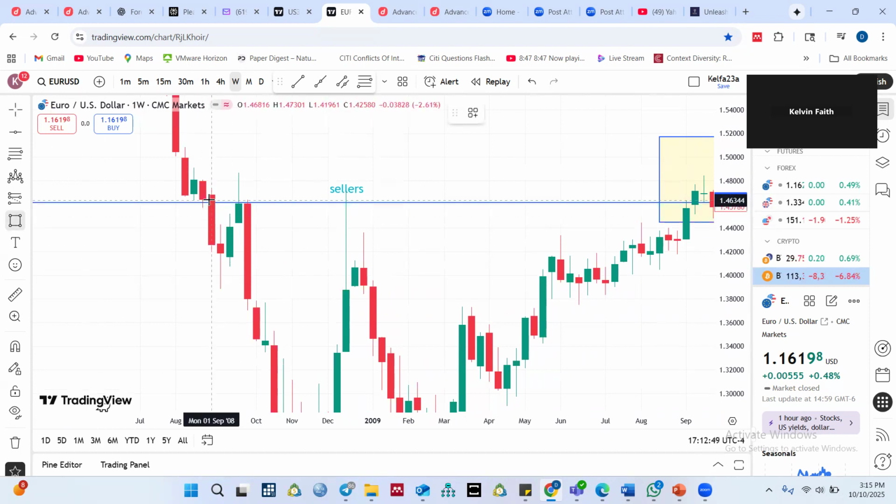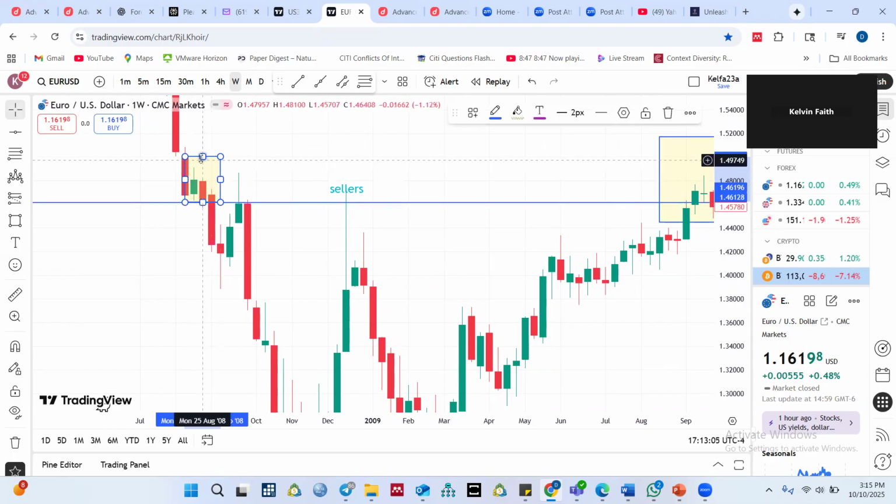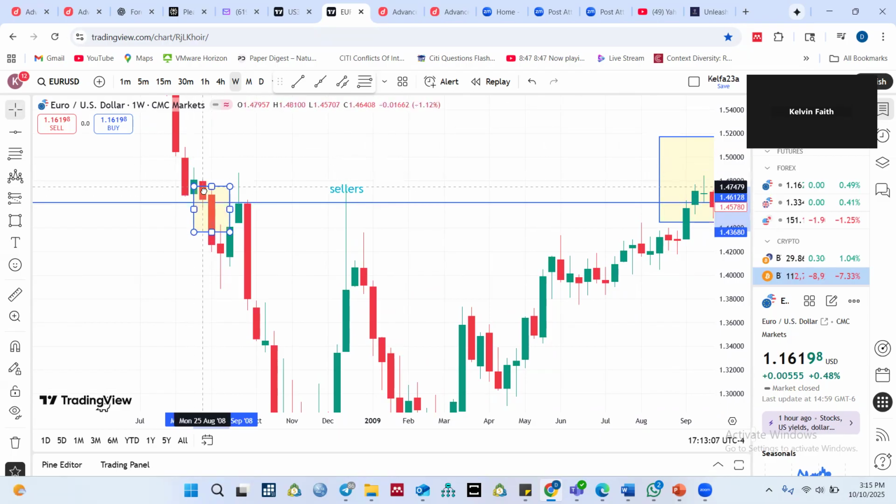Right from even back here, I could see that blue line, when price was from here, it hit it. There is a green candle in the middle here that took price up. Price hit the blue line again. The next red candle, this one, closed below the blue line.